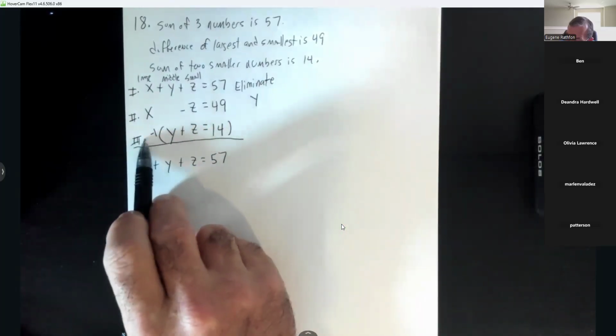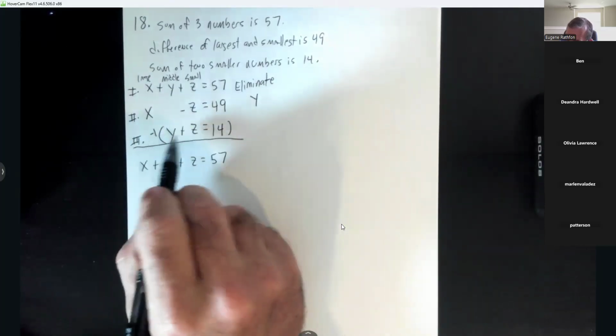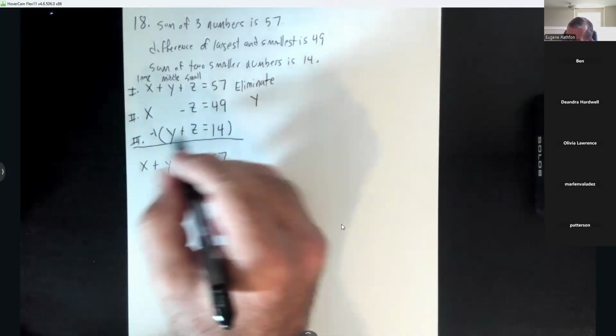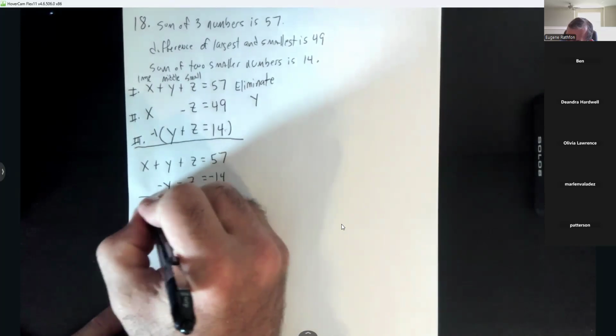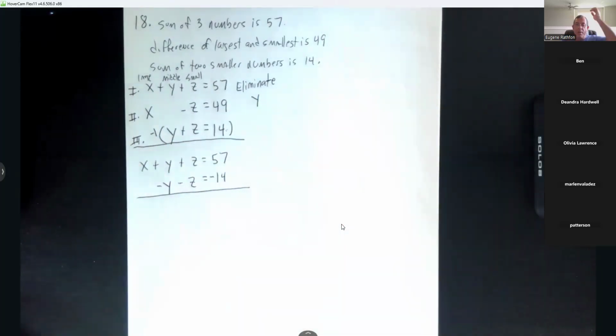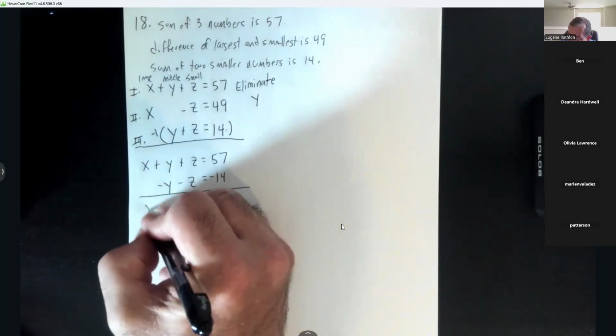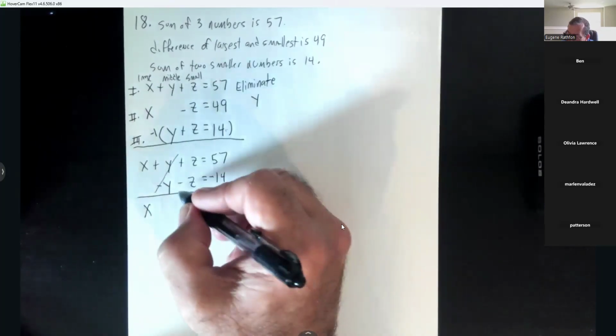Multiplying by -1, negative times positive gives you a negative Y. Negative times positive gives you a negative Z. And then negative times positive gives you a negative 14. Oh, you know what? You picked the perfect variable because watch this. The X comes down. Y'all look at that. The Y's cancel.